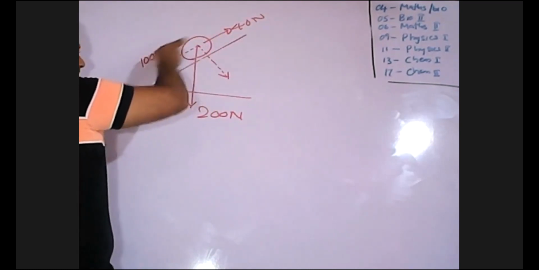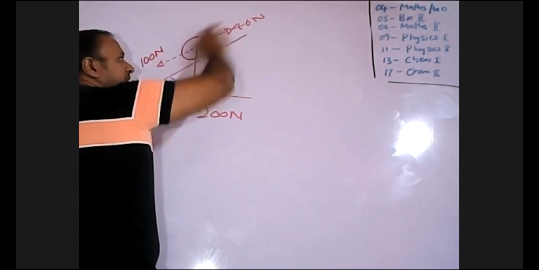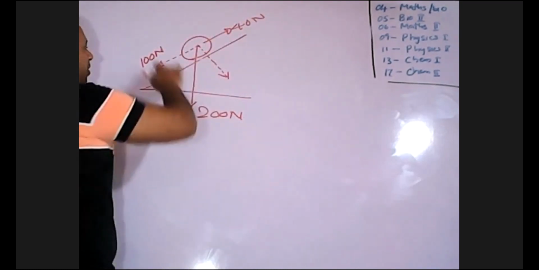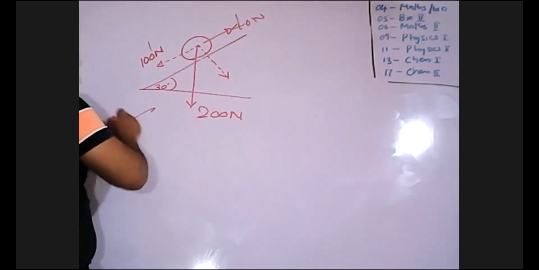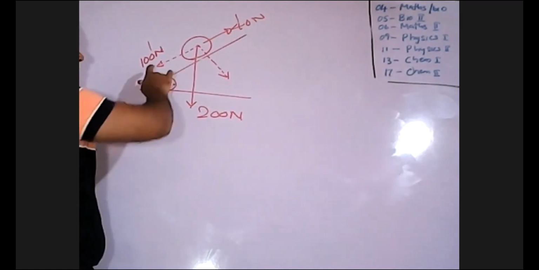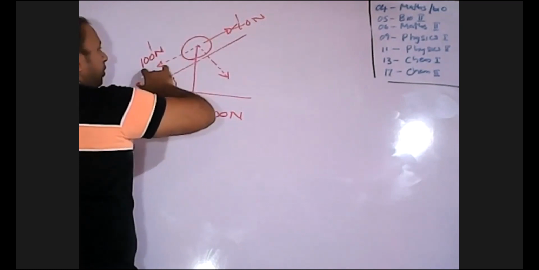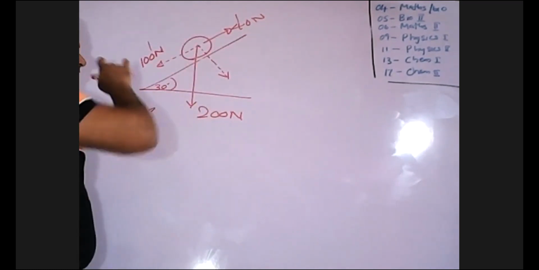One is 100 Newton in the downward direction. The other one is 40 Newton in the upward direction. Therefore, the resultant force of these two is 60 Newton in the downward direction, because this is the larger one. I can subtract 40 Newton from this one.